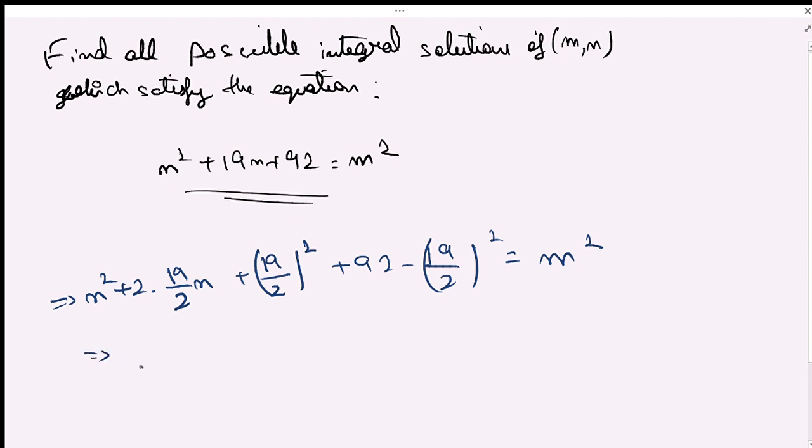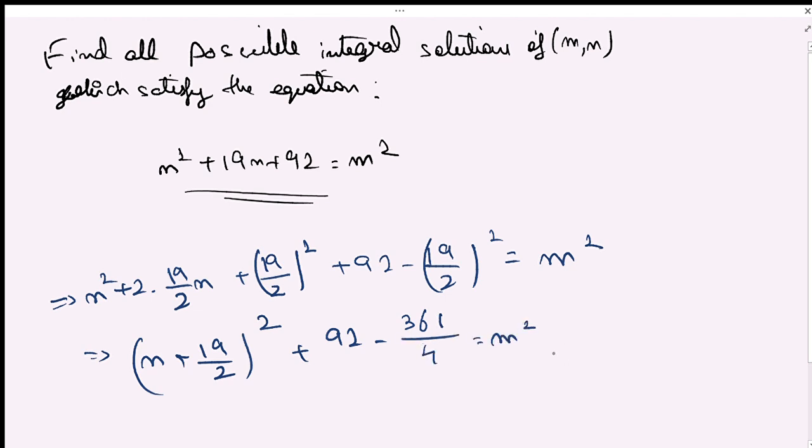From here we get n plus 19 over 2 whole square plus 92 minus 361 over 4 equals m square. That implies 2n plus 19 whole square plus 7 equals 4m square.